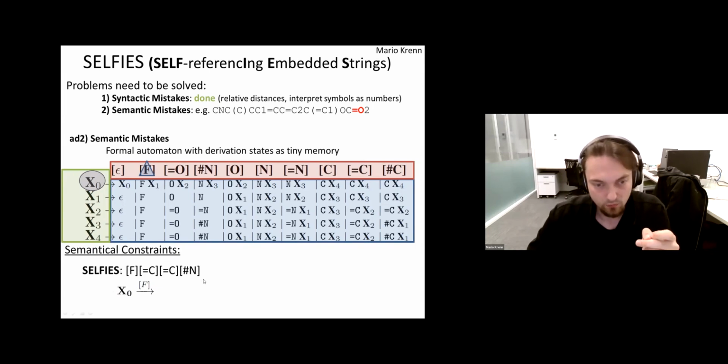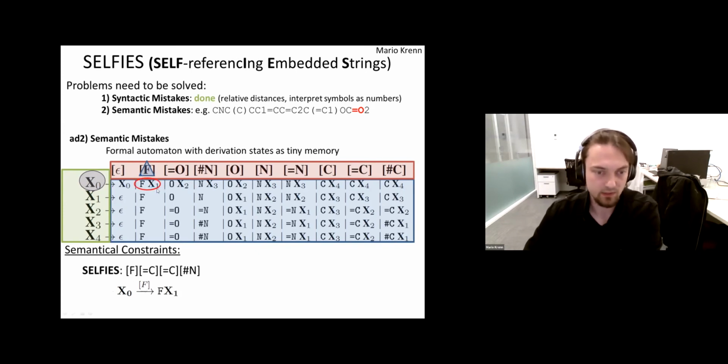And here I want to translate this SELFIES. So F in X0 stands for X, and we go to the state X1. Now we are in state X1. The next symbol is double bond C. Double bond C, X1 produces a C, and we go to the state X3. Again, we go to the state X3.